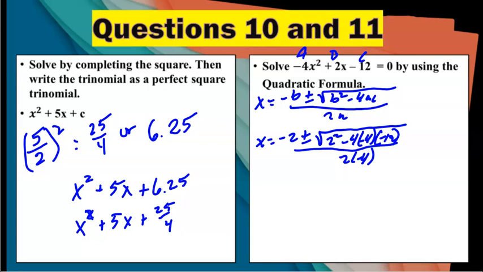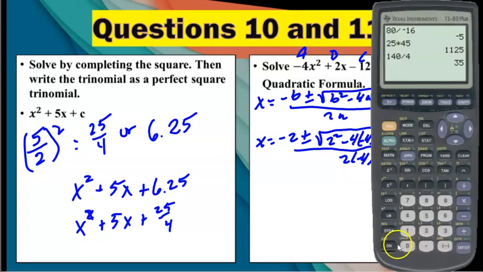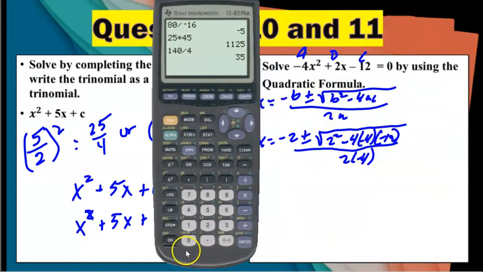Now we'll use our calculator for this. The first thing I'm going to do is put my parentheses in for the numerator. So I have negative 2 plus the square root of 2 squared.